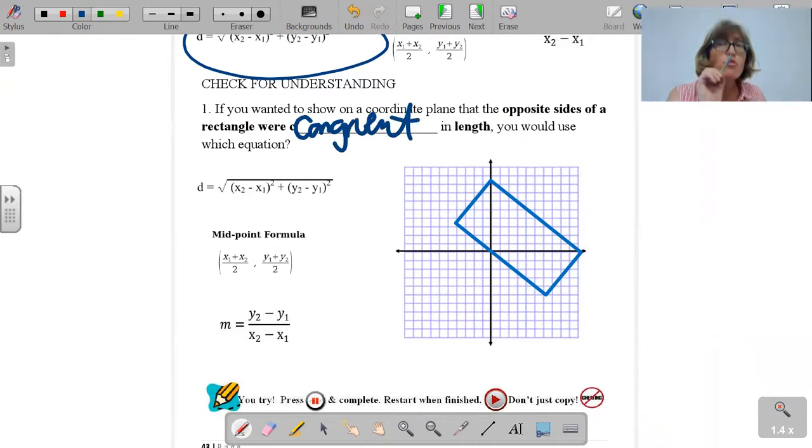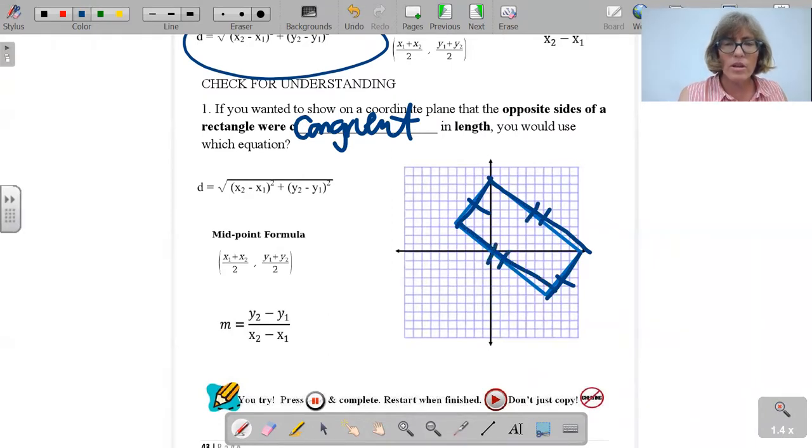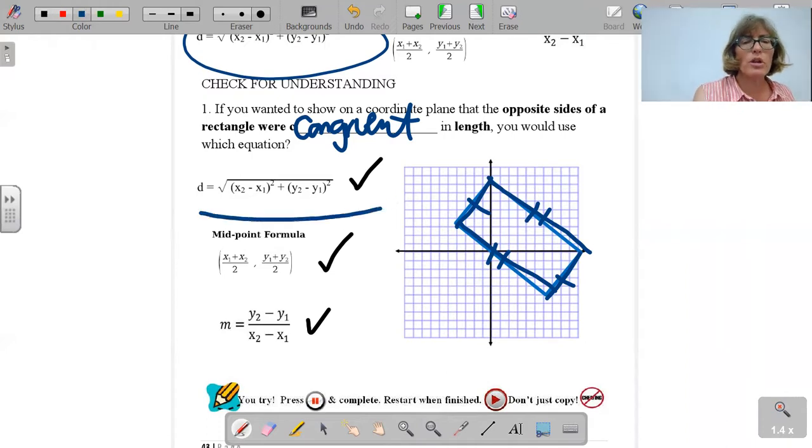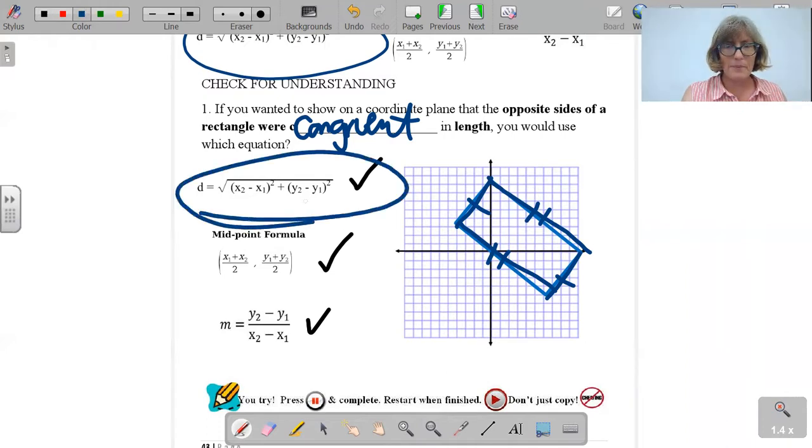If I wanted to prove mathematically that this length was the same as that length, this length was the same as this length, would I use the distance formula, the midpoint formula, or the slope formula? If I wanted to show lengths were congruent, I would use the distance formula.